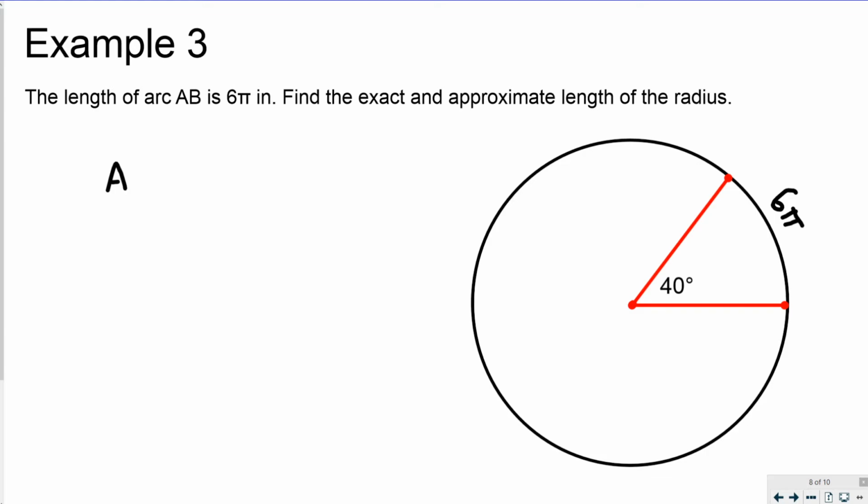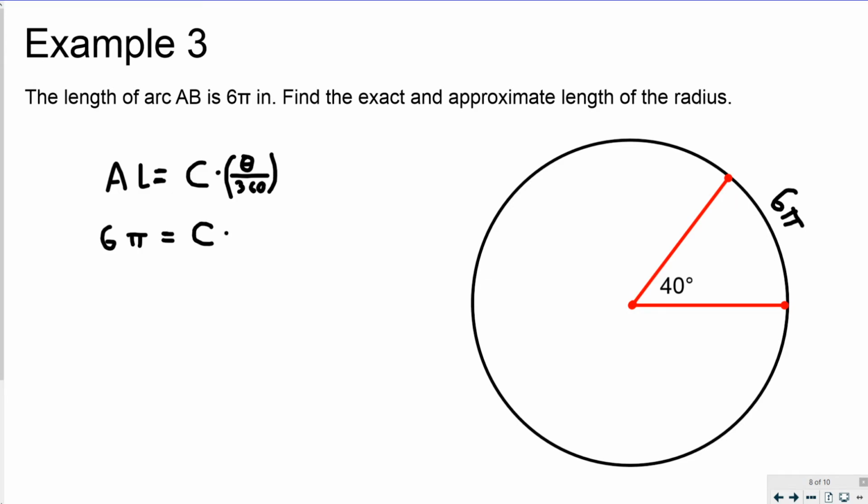So remember that arc length is equal to the circumference times the arc measure in degrees, theta, over 360. So if we put in what we know, the arc length is 6 pi. We don't know the circumference. We're going to need to calculate that.